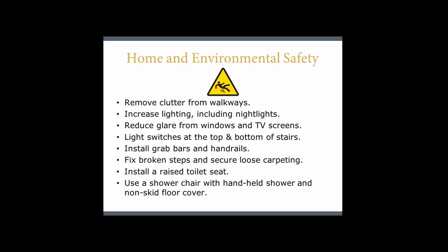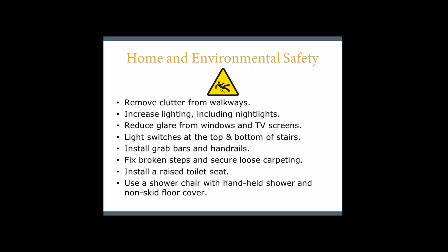So in terms of home and environmental safety, we have a home safety checklist on our website, sandiegofallprevention.org. But in general, we want to look at removing clutter from the walkways, and that's due to the normal changes to vision, like problems with depth perception and contrast sensitivity, making it easier for people to trip.